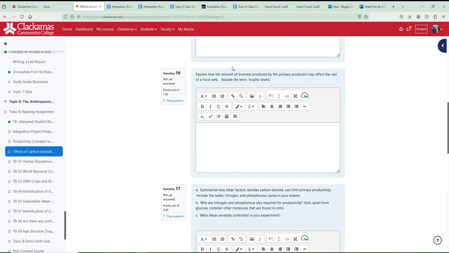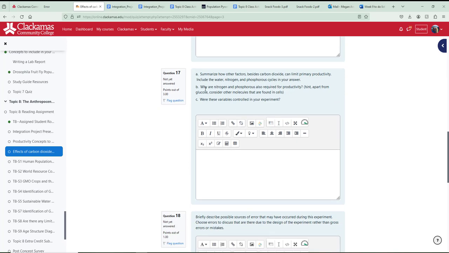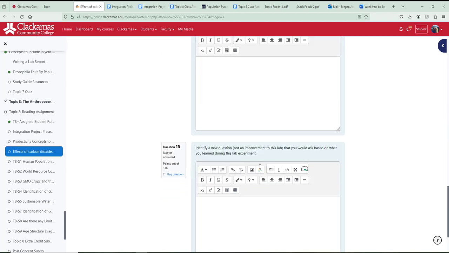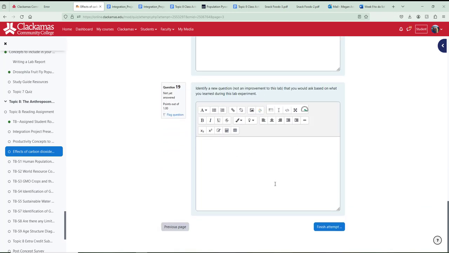Then bring in some information related to primary producers, the food web and trophic levels, and things like that as far as amount of biomass. And then you have some other parts you're going to include, sources of error, and other questions that you can ask.